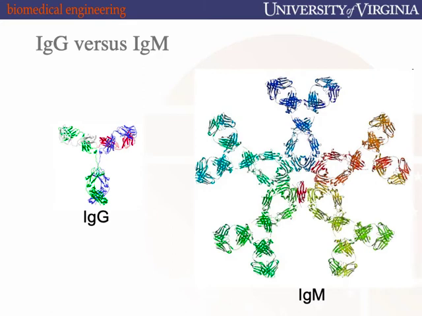So one cell is going to make this initial responder, this initial antibody or immune receptor on its surface. Eventually, the response will be the generation of a plasma cell and the secretion of an IgG, which has a different structure, but is presenting the same specificity to its epitope.